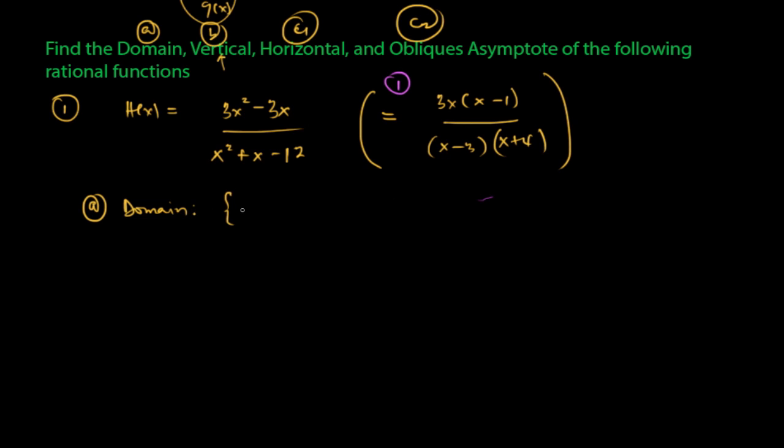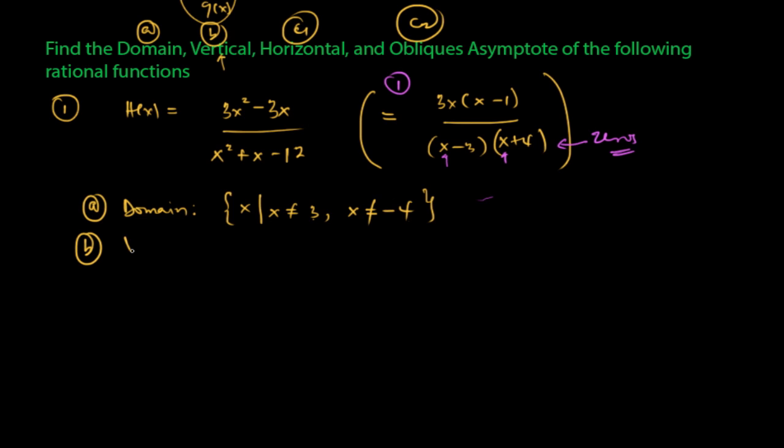The domain is the set of all real numbers excluding the zeros of the denominator, that is excluding x equals 3 and x equals negative 4. Why? Because when you substitute 3 and negative 4 there, you obtain 0, and it makes the rational function undefined.